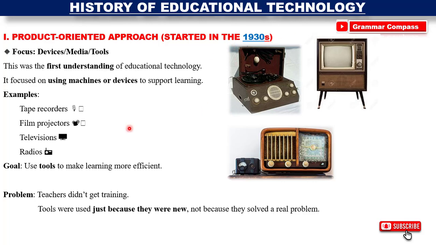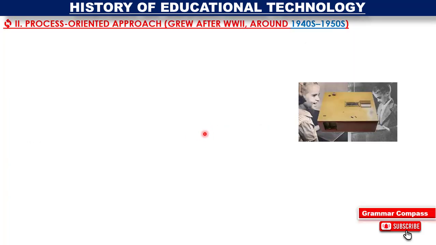Later on, this approach was not that effective. This means that there had to be a change in the approach that was used to solve educational problems in the 1930s. There came the process-oriented approach, which grew after World War II around the 1940s to 1950s.